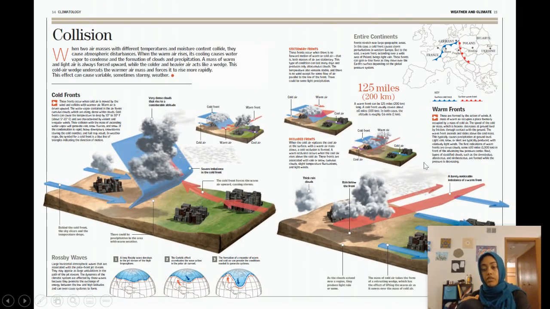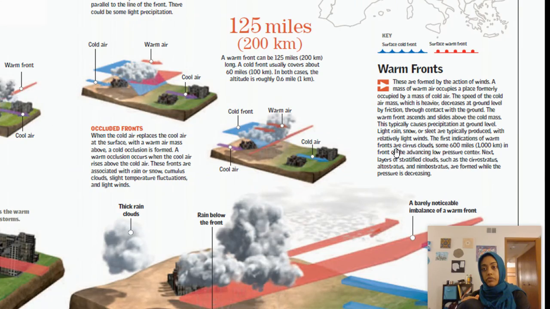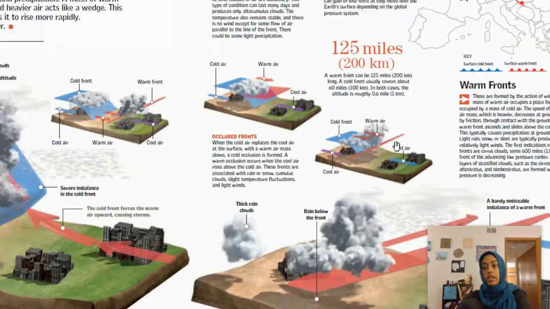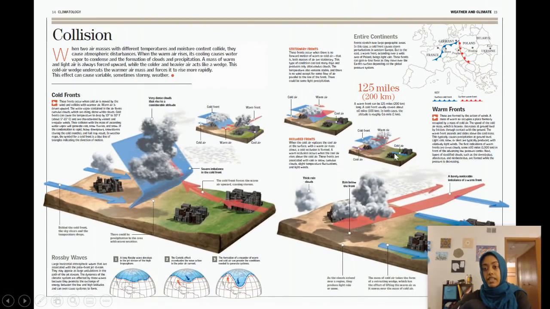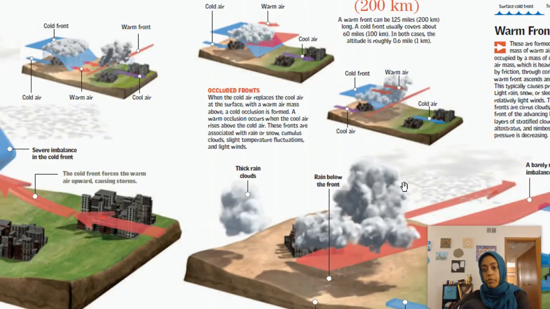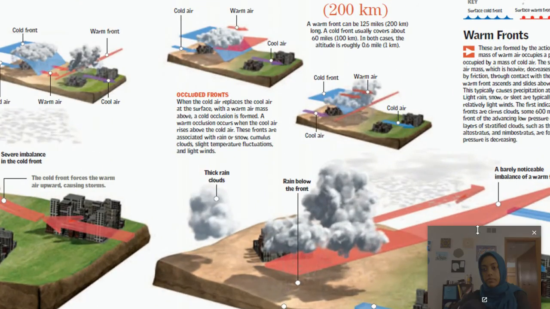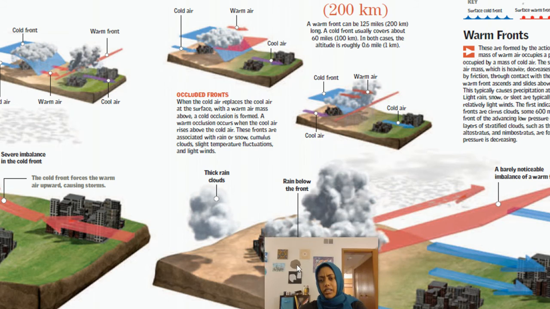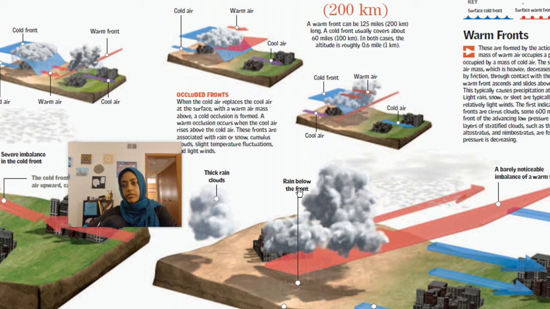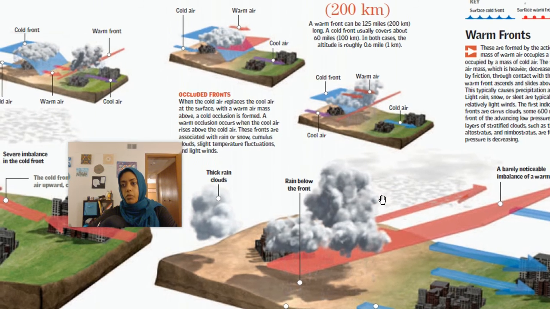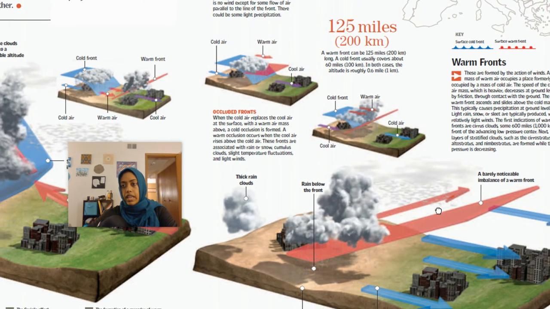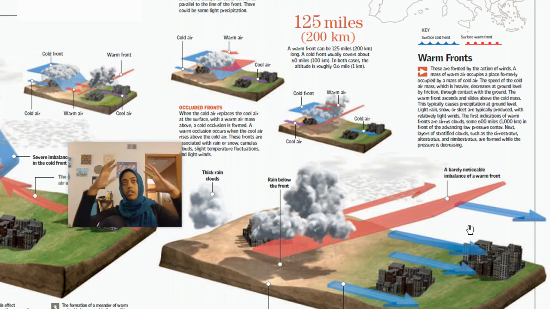On the opposite end, we have warm fronts. So warm fronts are when the wind drags in warm air. The warm front is when the warm air shoots in and there's cold air, right?